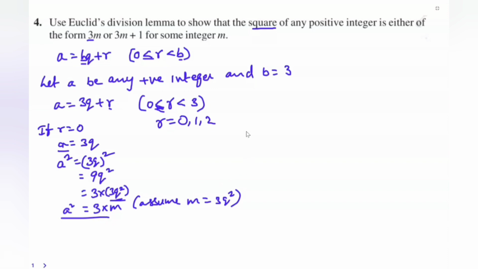Now, coming to if r is equal to 1, what happens? If r is equal to 1, a is equal to 3q plus 1, right? So let us take a square now because we want the square of any positive integer.